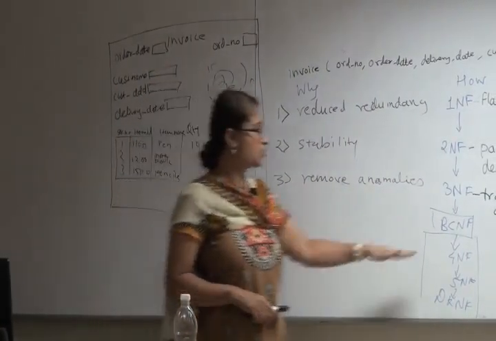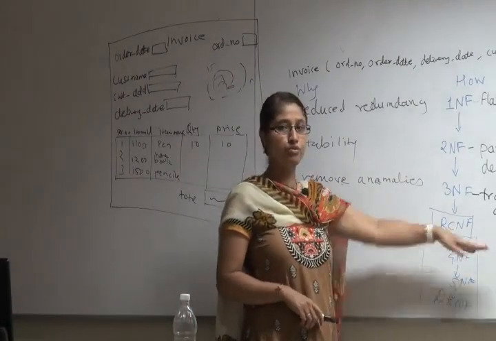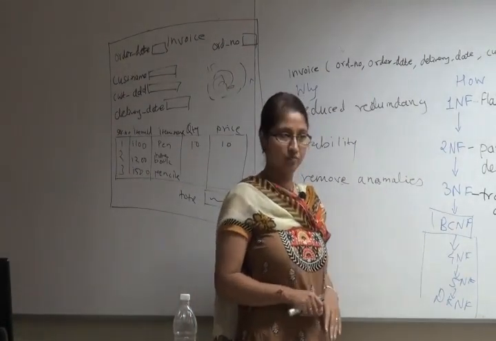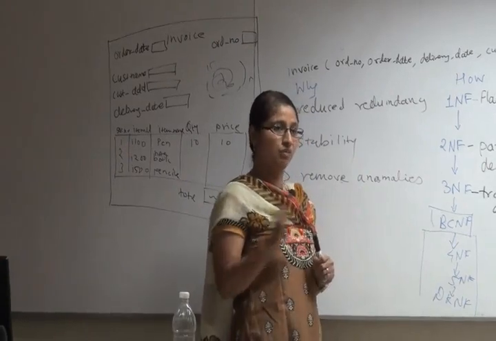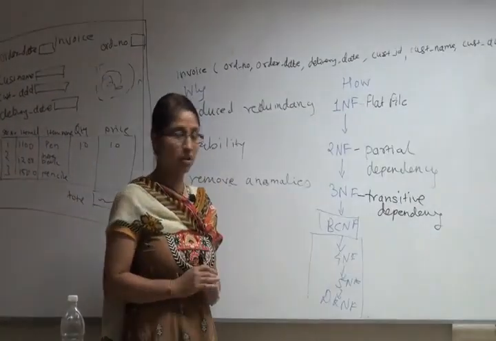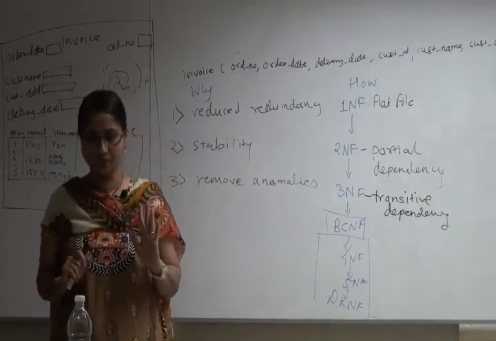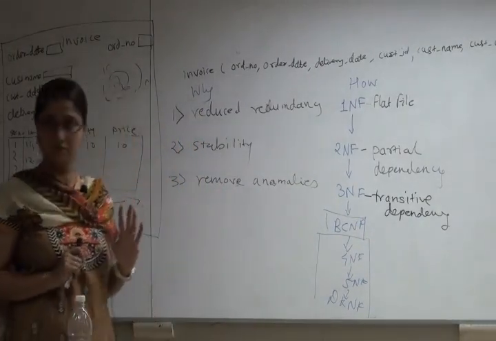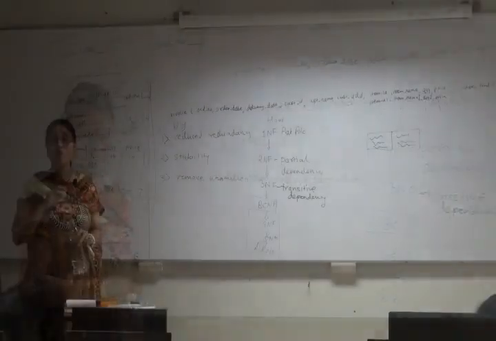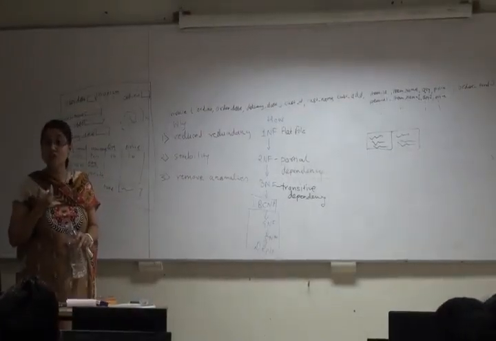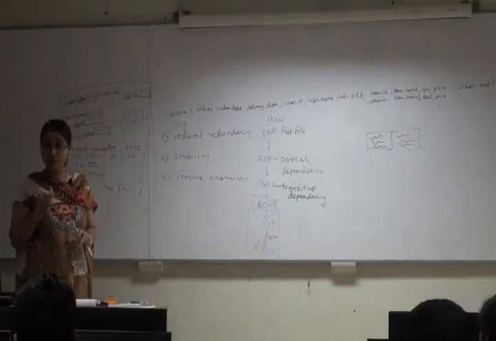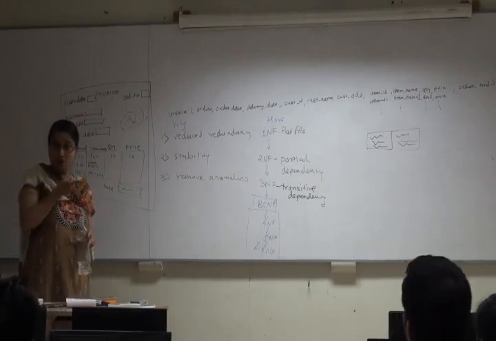BCNF, Boyce-Codd normal form, is also known as a trivial dependency. But as I said, it is quite complex. We will just introduce it. You should know up to third normal form. Fine with it? Boyce-Codd's. I said about the Codd, right? With Boyce. Okay.